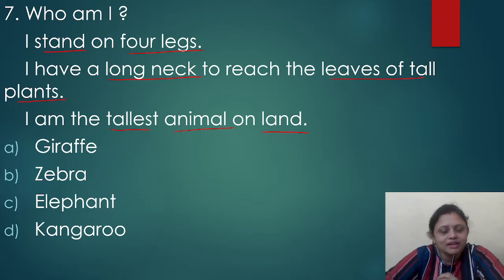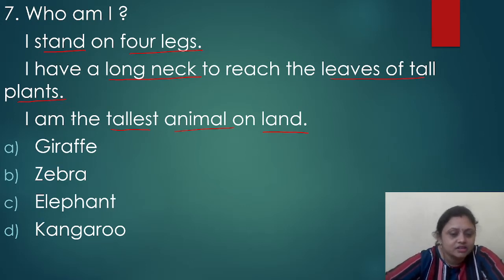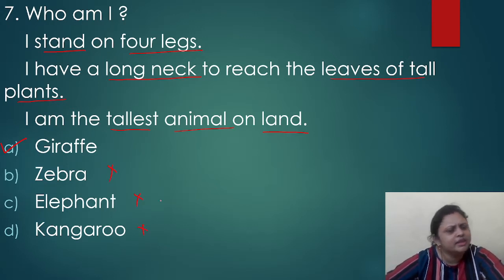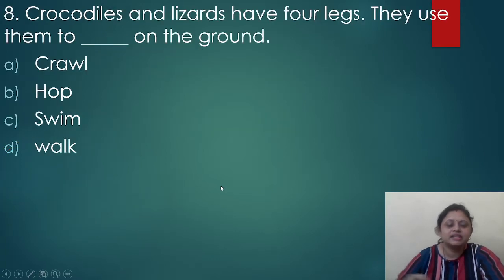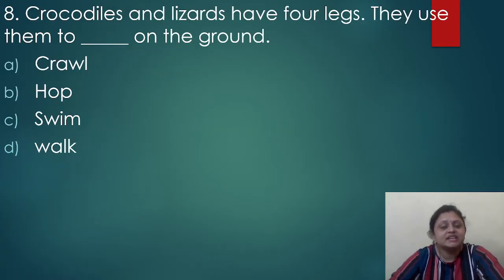If yes, you can write in the comment box. So four legs, long neck, leaves of the tall plants, tallest animal on the land. What will be the answer? Yes, of course, it is giraffe. Okay? So zebra, elephant, kangaroo, they do not do this. Right? Yes.